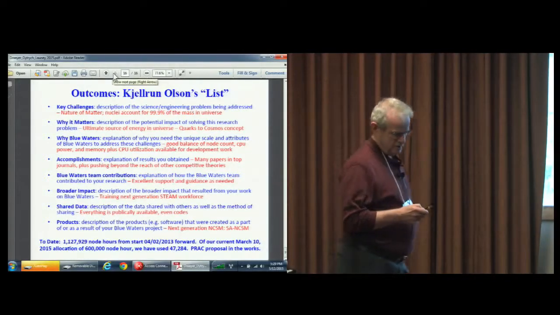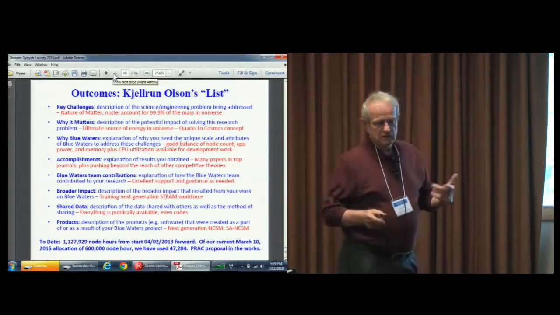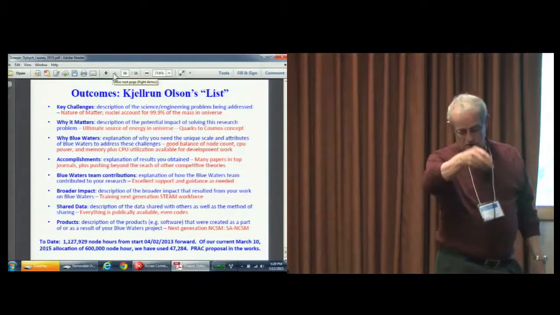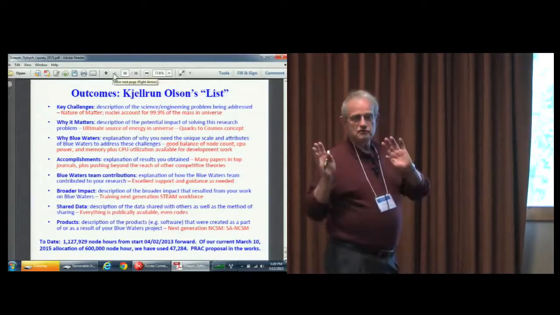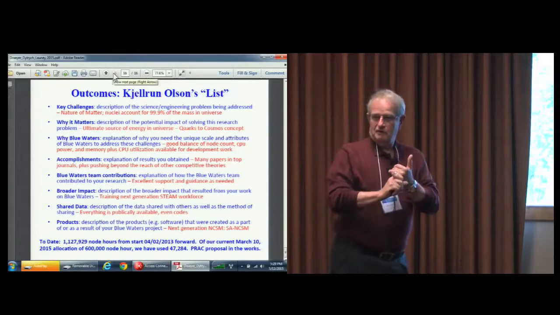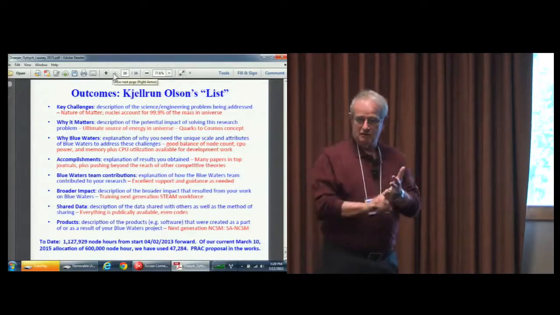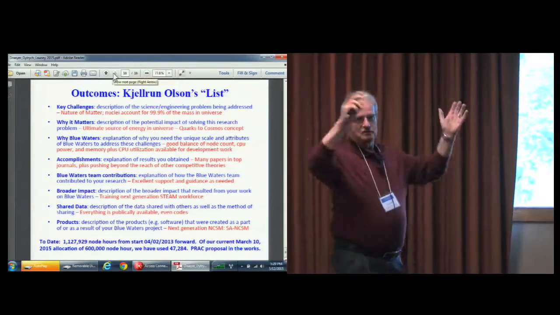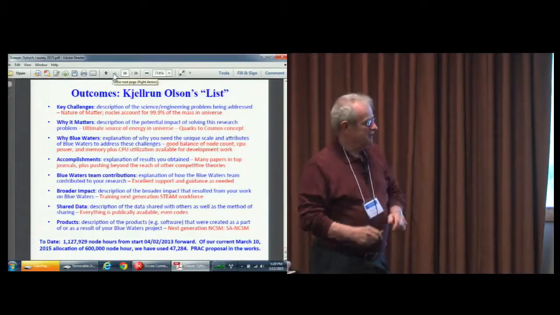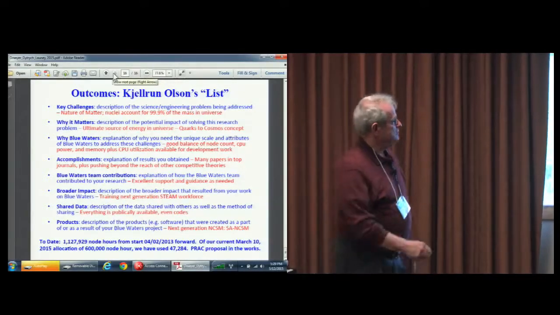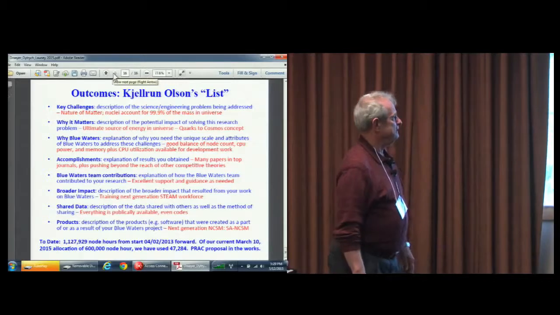Why Blue Waters? We've tried them all: Hopper, Titan, Mira. Blue Waters is in our sweet spot because it has robust cores, it has large memory cores, and it has a lot of cores. It works extremely well for this particular problem. We've used it. It's a nice machine.